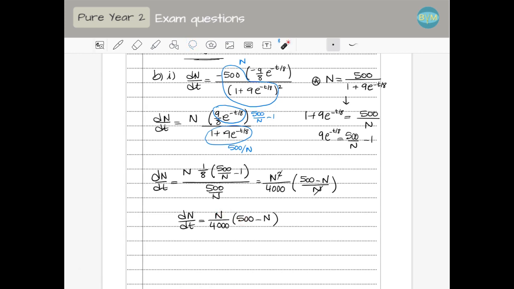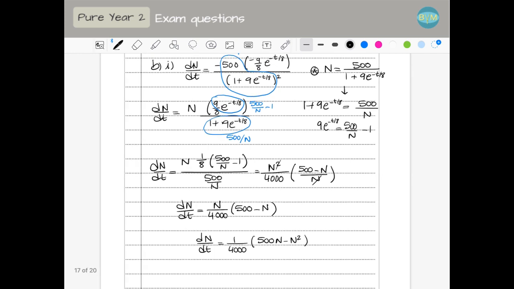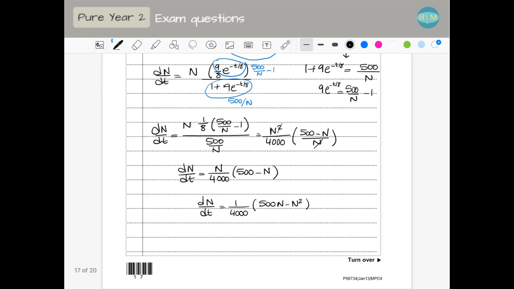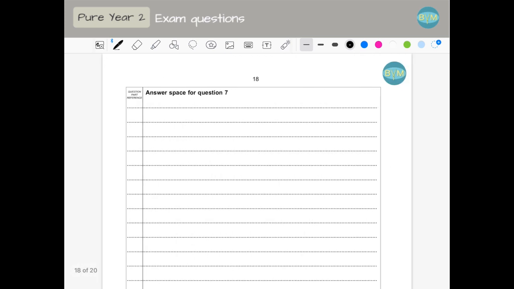So I'm going to write this dn by dt as 1 over 4,000 multiplied by 500n minus n squared. And when I differentiate the growth, I'm going to call this g, because it's less confusing, g from growth. So I'm going to differentiate the last one, dg with respect to n. I'm going to differentiate that function.